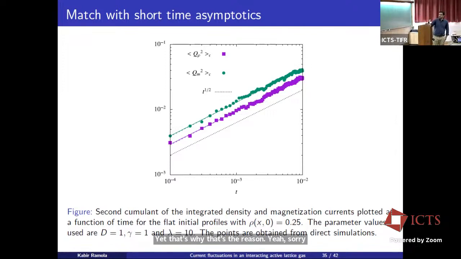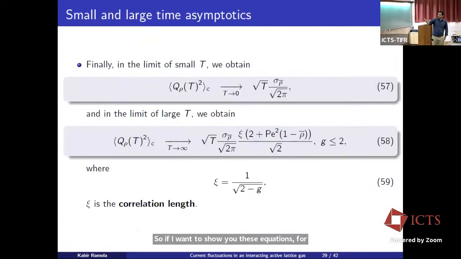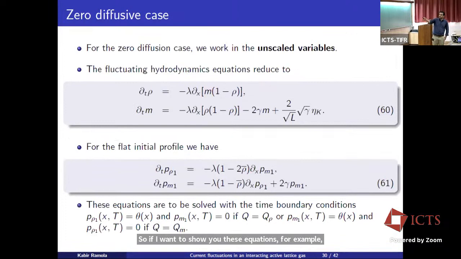It must be scaled time, but we can unscale it as well. In this sense, this is the unit. We can do the whole calculation. If I want to show you these equations, we can do all the calculations in the unscaled units, and we can work out all the quantities in unscaled time as well. That's just a simple scaling.